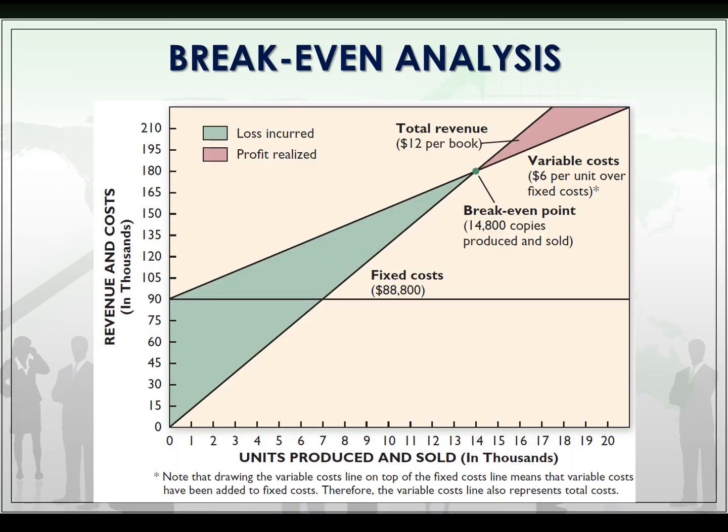So here's a chart showing you the revenue and cost of how much is coming in and where profit realized starts to take place. You'll notice that at 180,000 or produced of 15,000 parts is where they break even, or 14,800 copies produced and sold.